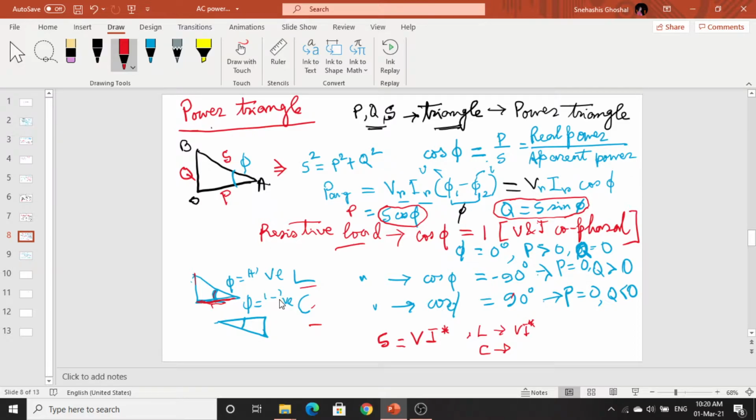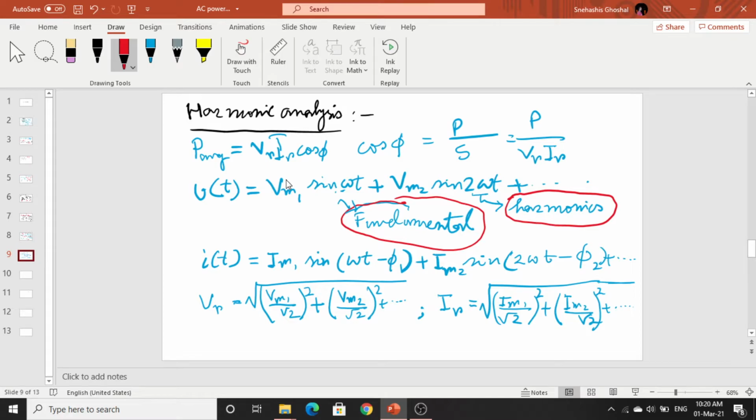Next we will be talking about harmonic power. We have already seen that average power is VR IR cos phi, and we can write it in different formats. Now suppose the voltage is not a pure sine wave, but a mixture of different sine waves. The difference is the frequency of the wave.